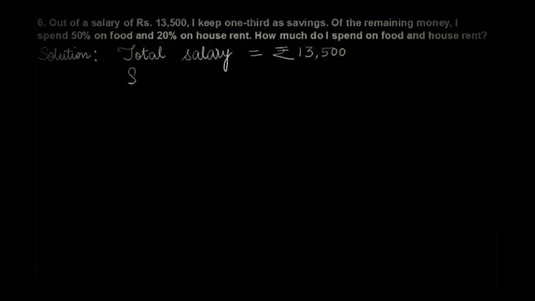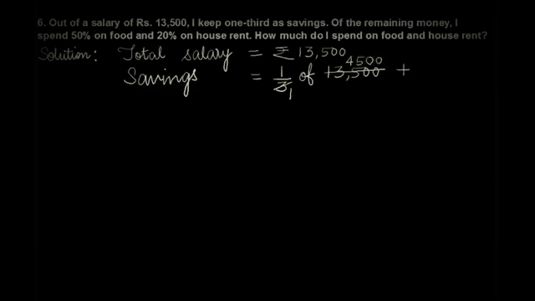So savings is equal to 1/3 fraction of the income, 13,500. So 3 ones are 3, 3 fours are 12, 15, 3 fives are 15 and 00. So savings is rupees 4,500.